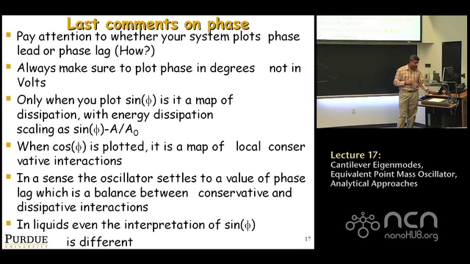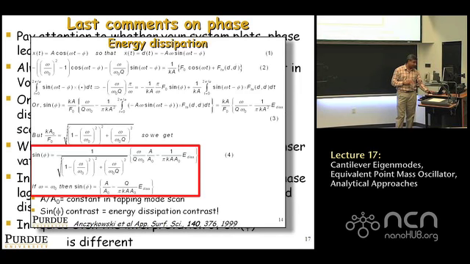Okay? Specifically, if you go back to this relationship up here, sine of phi equaling this, right? If I brought A over A0 on the left-hand side, then sine of phase minus A over A0 would be directly proportional to energy dissipation, okay?